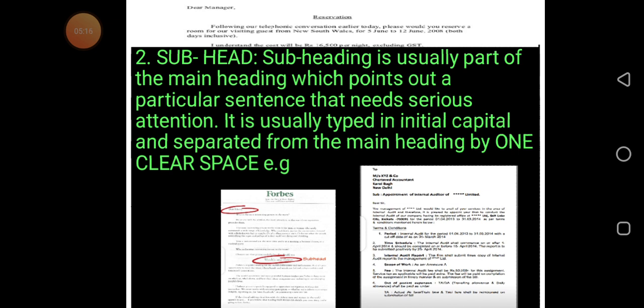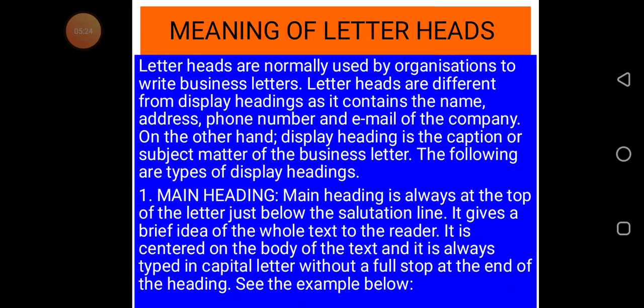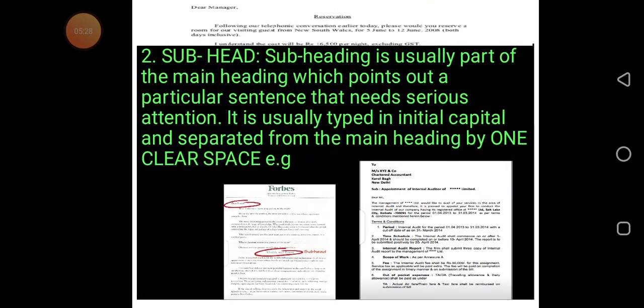Whether you're writing a report or a newsletter, you always have a main heading, and mostly it is followed by a subheading. This subheading is made to introduce a different topic or element of the information. That means it points out a particular sentence that needs serious attention.